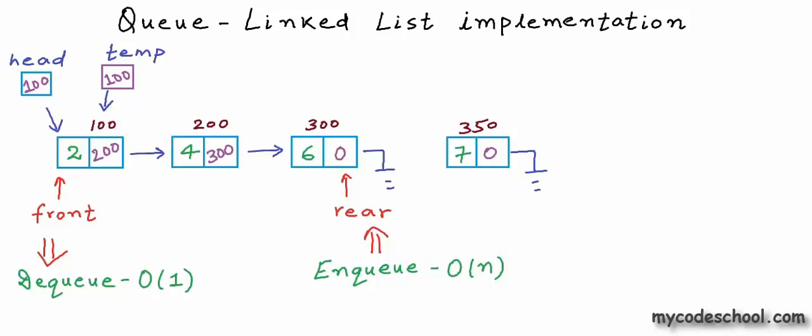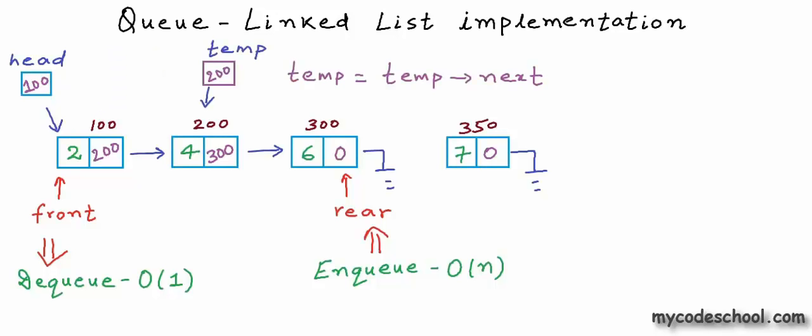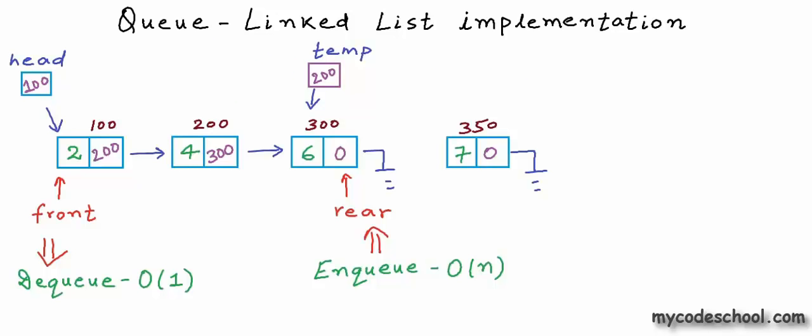Now in one step we can move this pointer to the next of whatever node it is pointing to. We use a statement like temp equal temp.next to move to the next node. So from the first node we will go to the second node, and then from the second to the third node. In this example, the third node is the rear node. And now using this pointer temp, we can write the address part of this node and build this link.